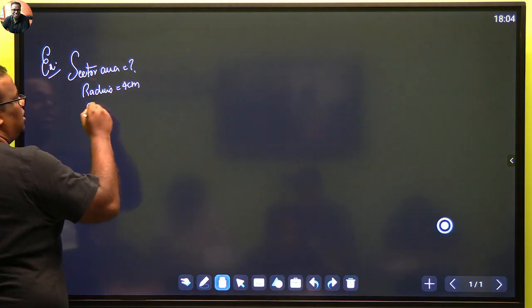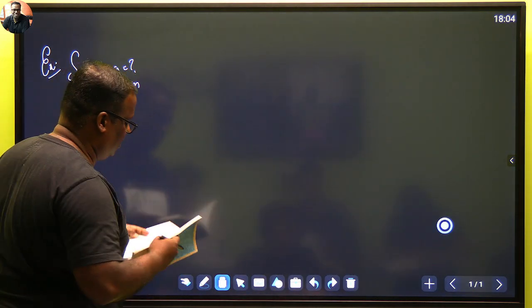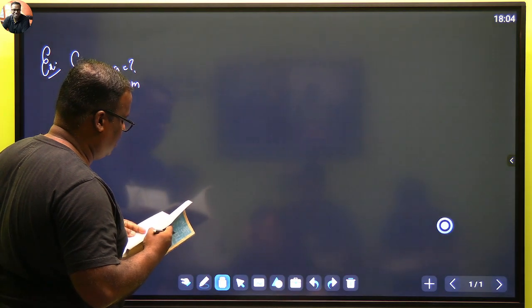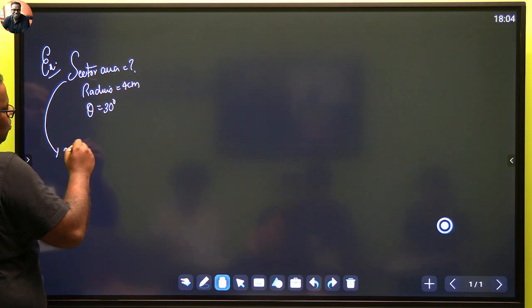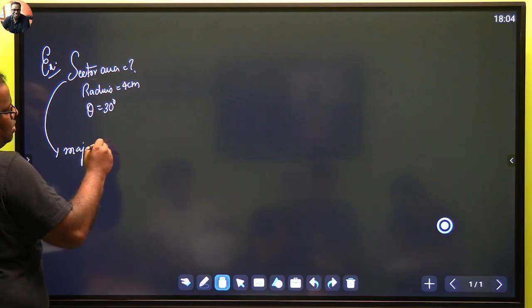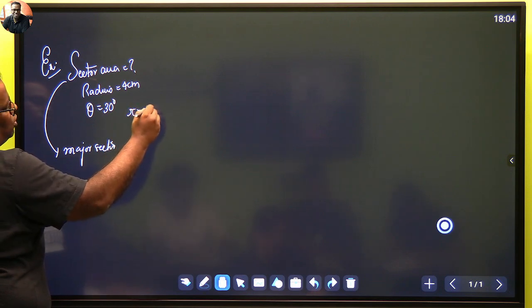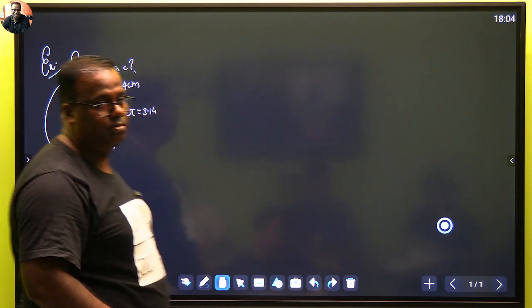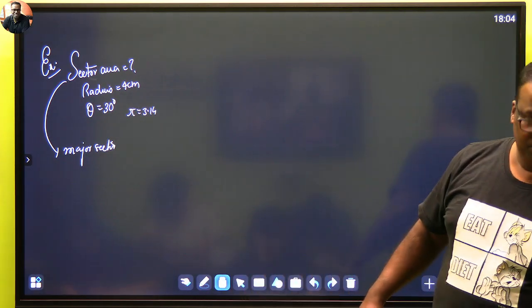That means theta is equal to 30 degree. I've mentioned this theta, I should have rather written angle subtended at the center. Also, once you have found this, you also find what is the area of the major sector, and pi to be taken as 3.14. Very easy problem.